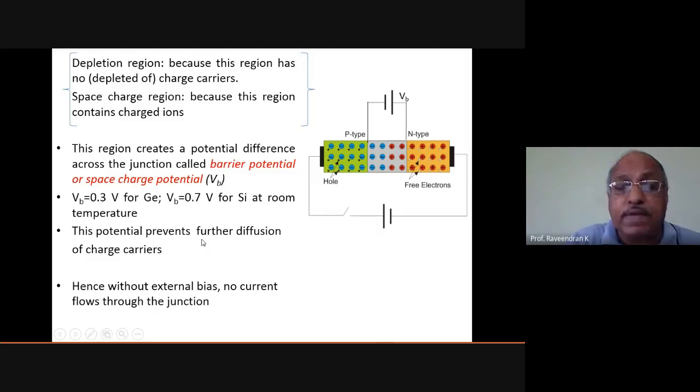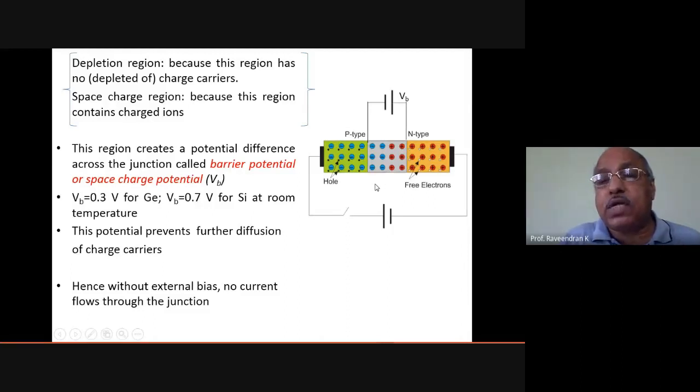This potential prevents further diffusion of charge carriers. So initially, this potential created due to space charge ultimately prevents further diffusion of electron-hole pairs. At the PN junction region only, this space charge potential appears.